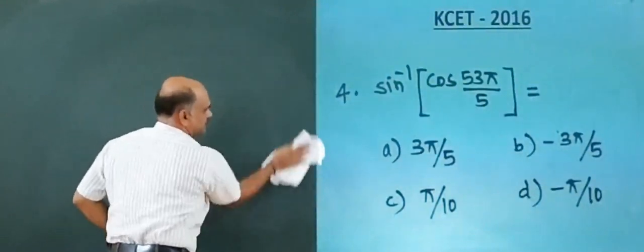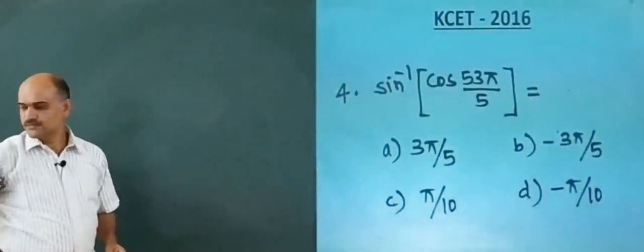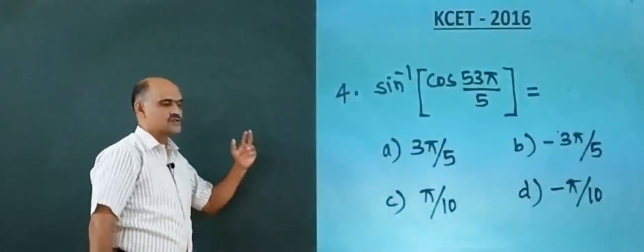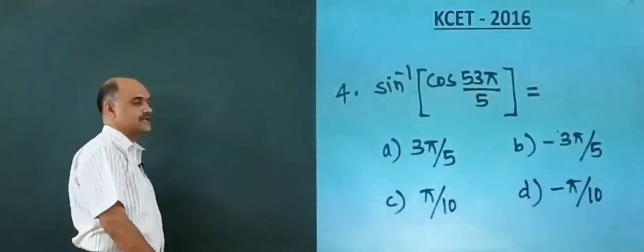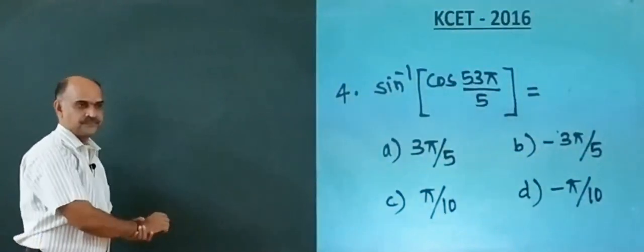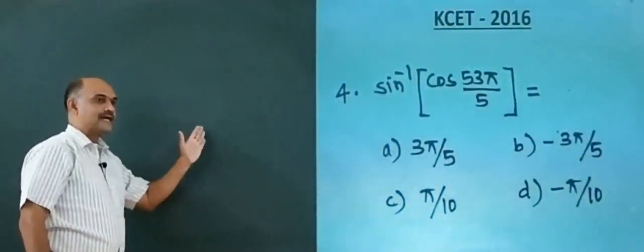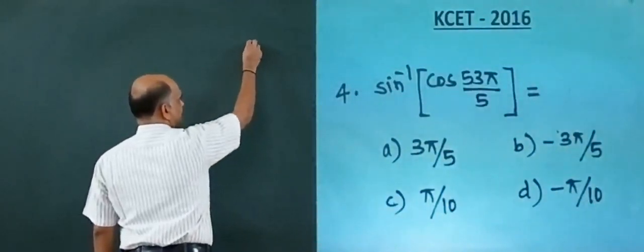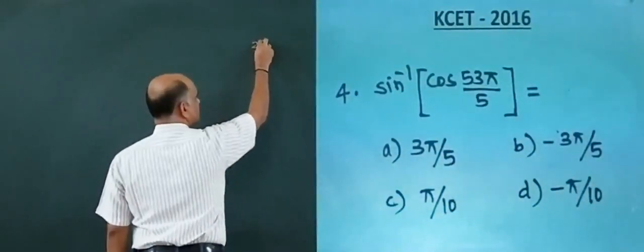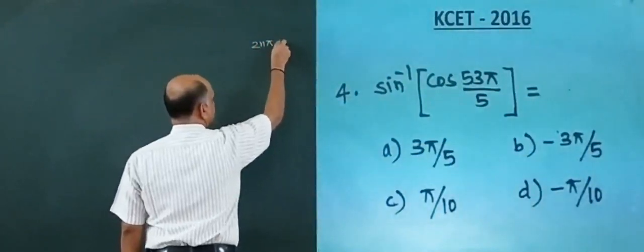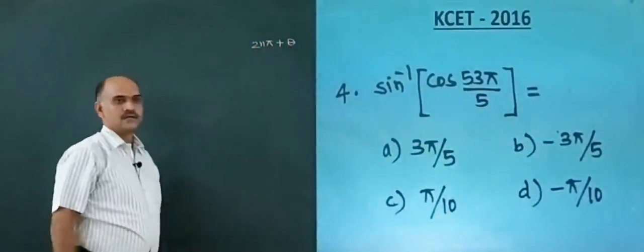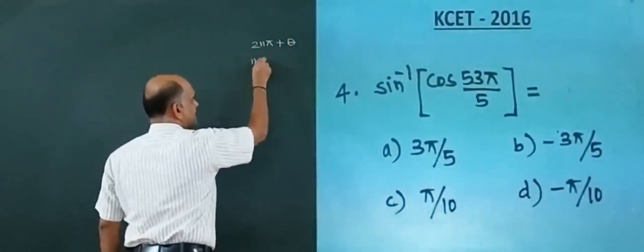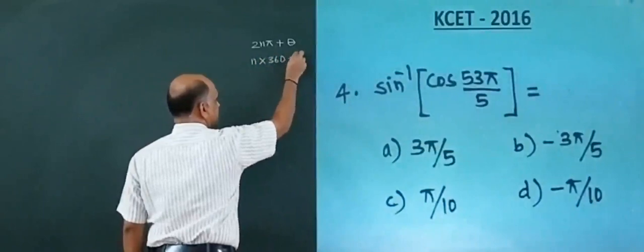Now in this problem, if you observe, cos 53 pi by 5 is there. So that angle is greater than 2 pi or 360. So students, if the angle is greater than 360, you should always write it in the form of 2n pi plus theta, or n into 360 plus theta.